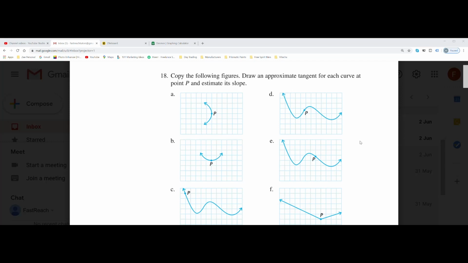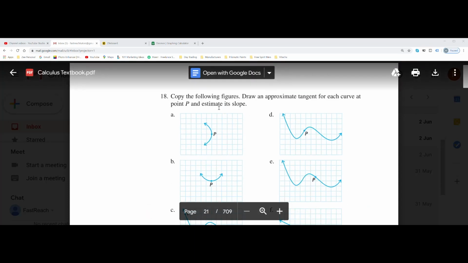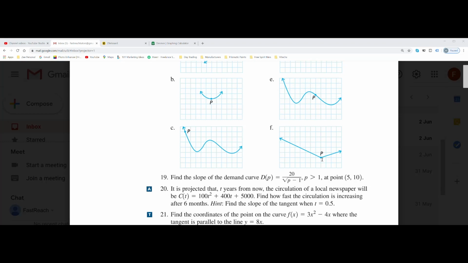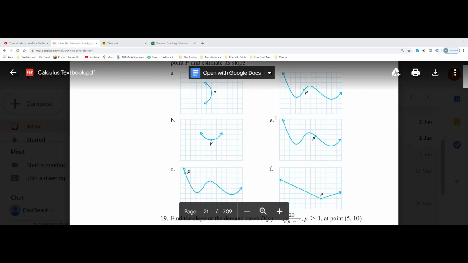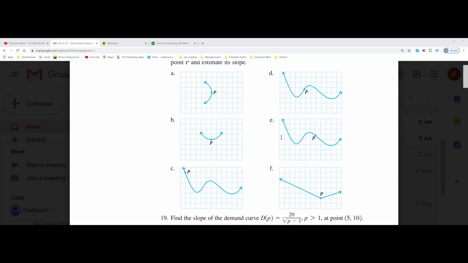It's about 0.88. Remember, this is just an estimate. And here, at this point, there is no tangent because it's a distinct point, so there can't be a slope here. So these are just estimates, so you can try your best and try to determine the slope.